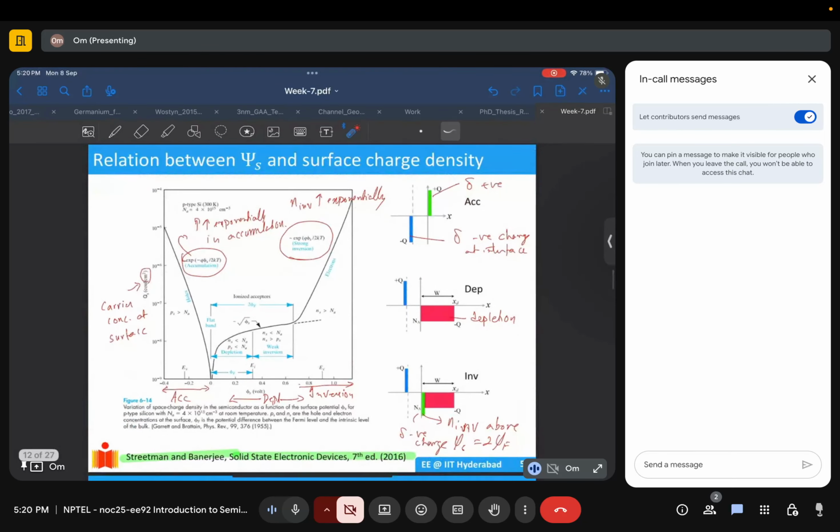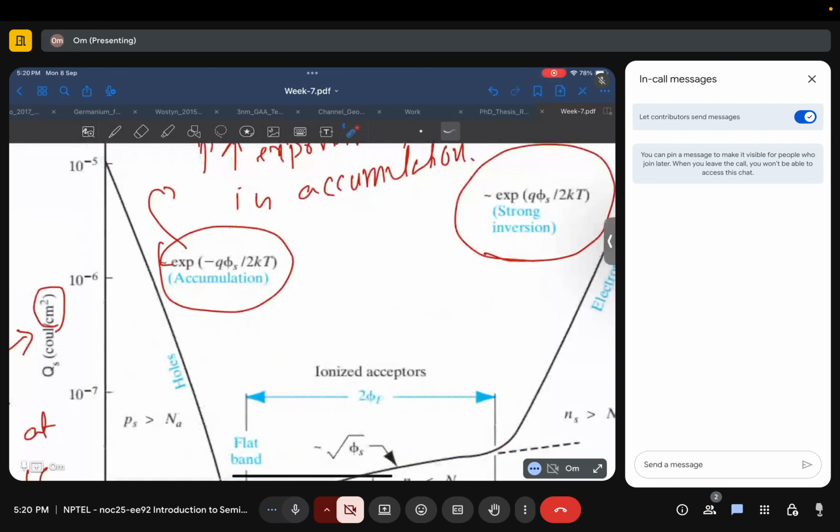And if you want to see psi s versus Q, in this x-axis you have psi s, in y-axis you have the semiconductor charge. So in inversion, it is exponential as you keep on reducing psi s to negative value. It is exponentially dependent, exponential of minus phi s by 2 kT.